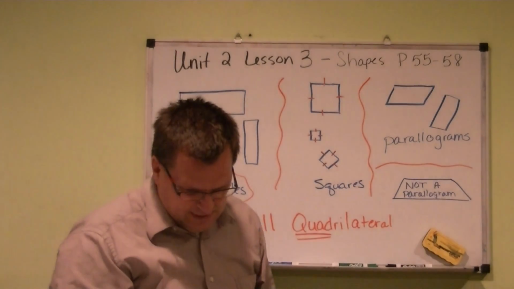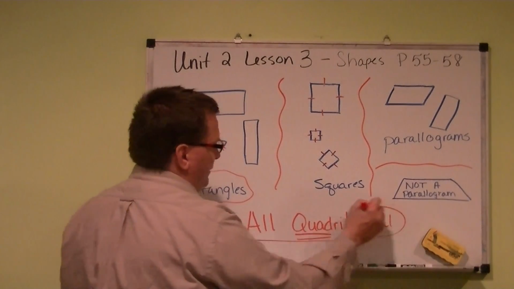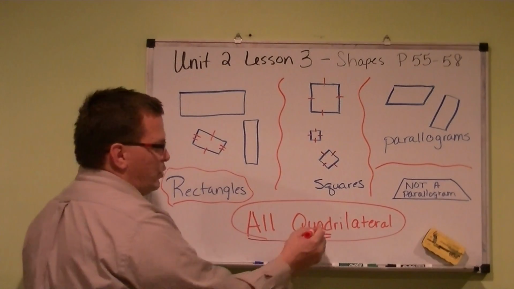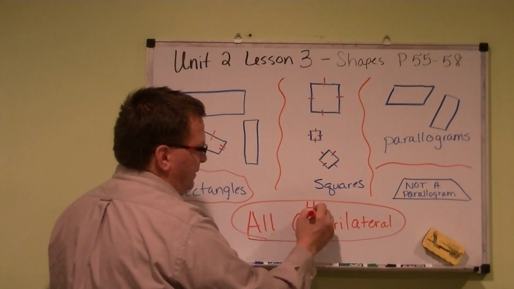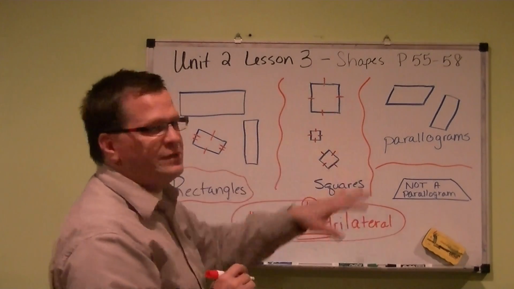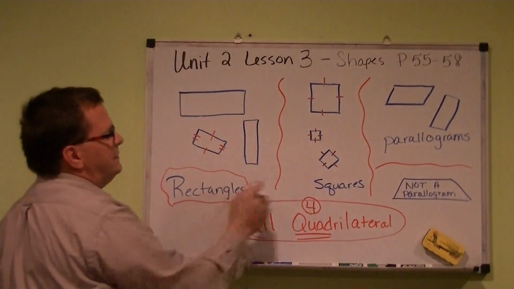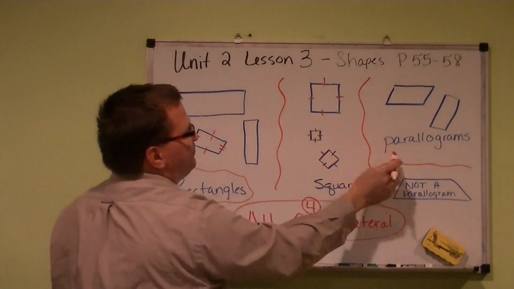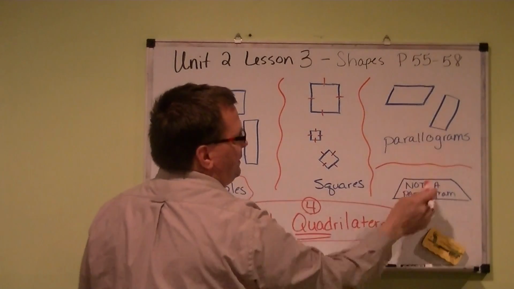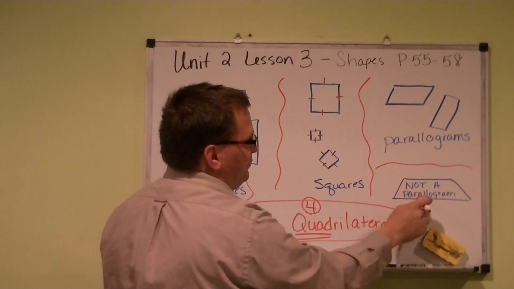Now to give you an idea, these are still all quadrilaterals because quad means four. They all have four sides. Every single one of these is a four-sided figure. So 1, 2, 3, 4, 1, 2, 3, 4, 1, 2, 3, 4, and even the non-parallelogram has 1, 2, 3, 4.